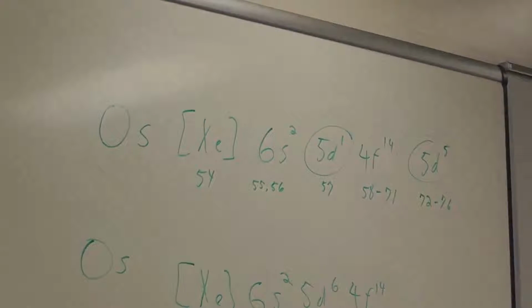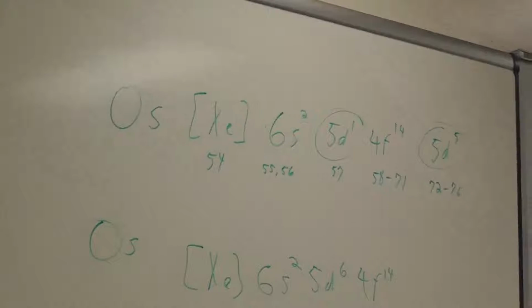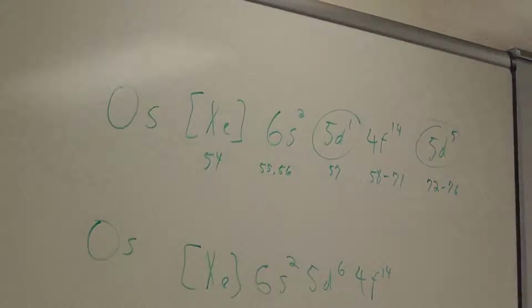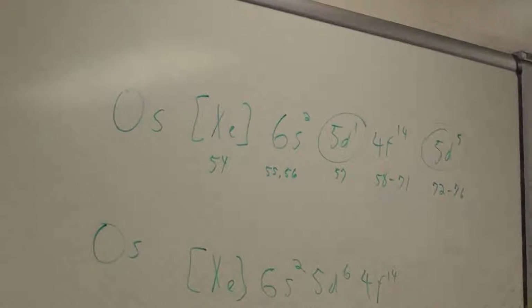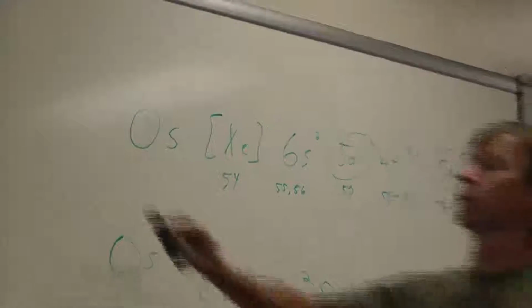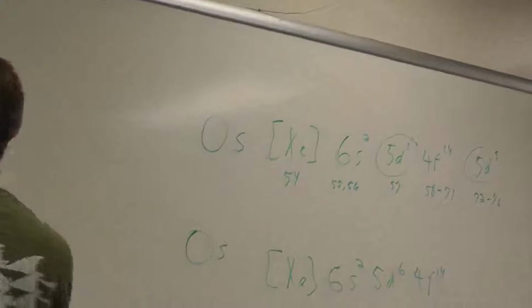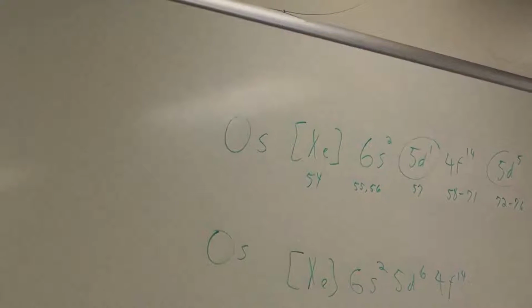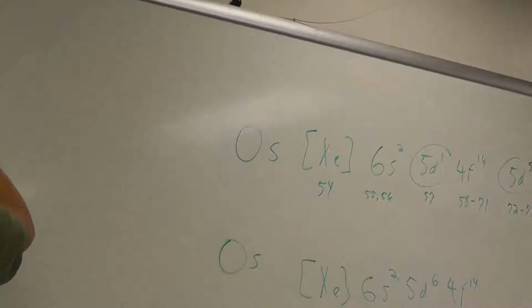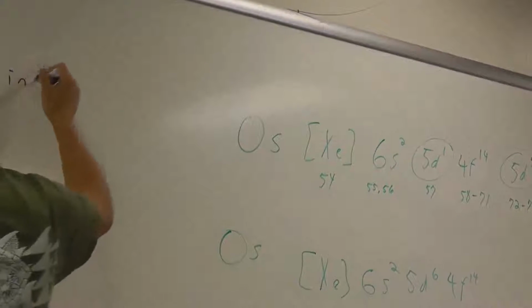All right. We've defined core electrons. There's a couple of other categories here we need to define. Core electrons are the interior ones.